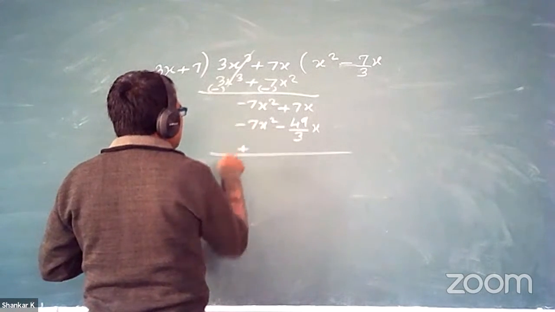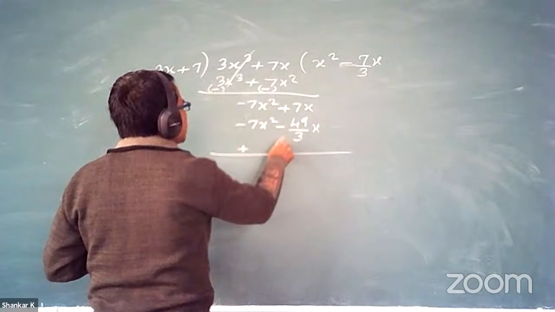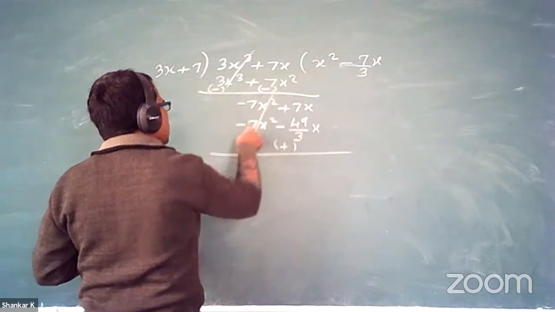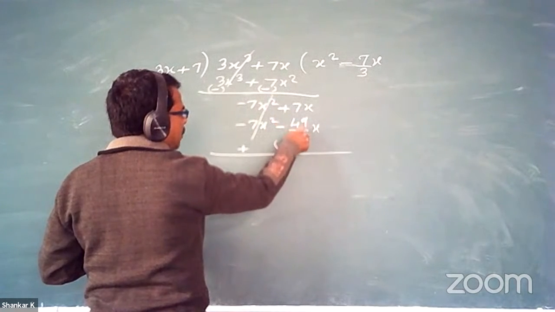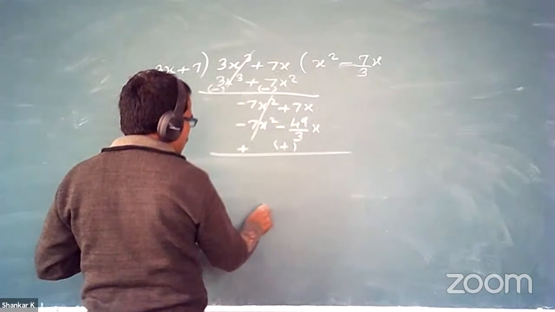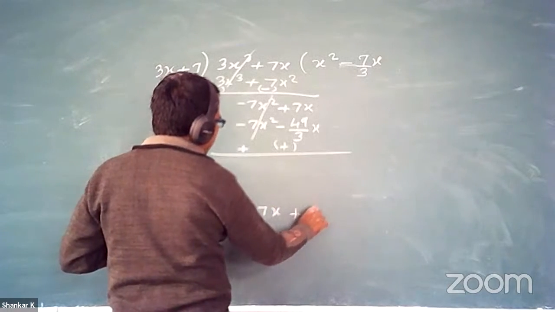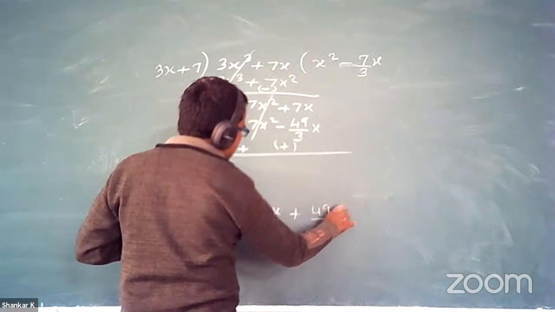Minus becomes plus. Minus becomes plus. 7x square, 7x square cancels. Here plus 7x plus 49 by 3x. So 7x plus 49 by 3x.